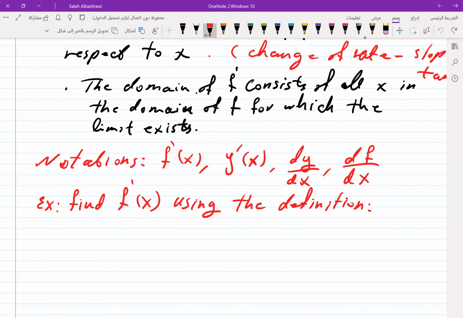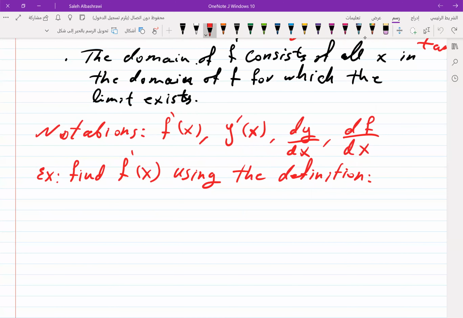Because later on we will see that we have different techniques to find the derivative. But for the topic today, we are going to find the derivative using the definition. Example number 1. f of x equal to 3x minus 1. And I want to find the derivative of this function using the definition.